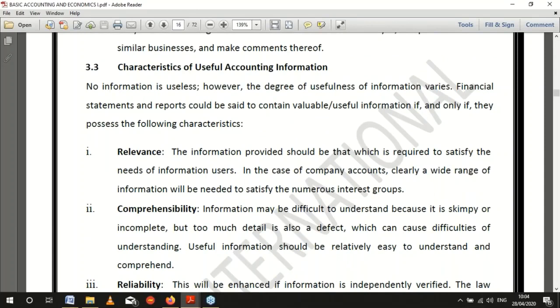Then we are also looking at number 8, the dual aspect concept. There are two aspects of accounting, one represented by the assets of the business and the other by claims against them, the liabilities. I used to say to students that not all the liabilities we talk about are really losses.